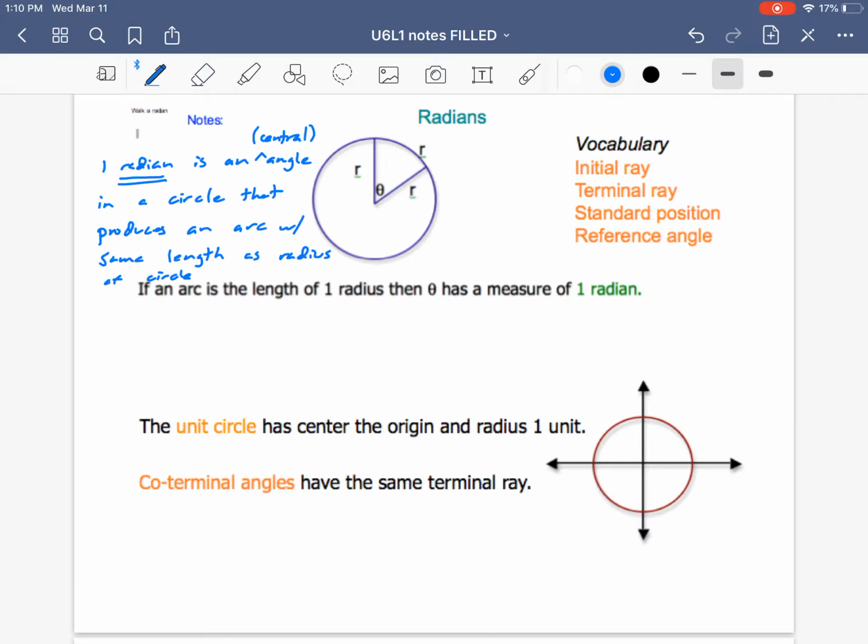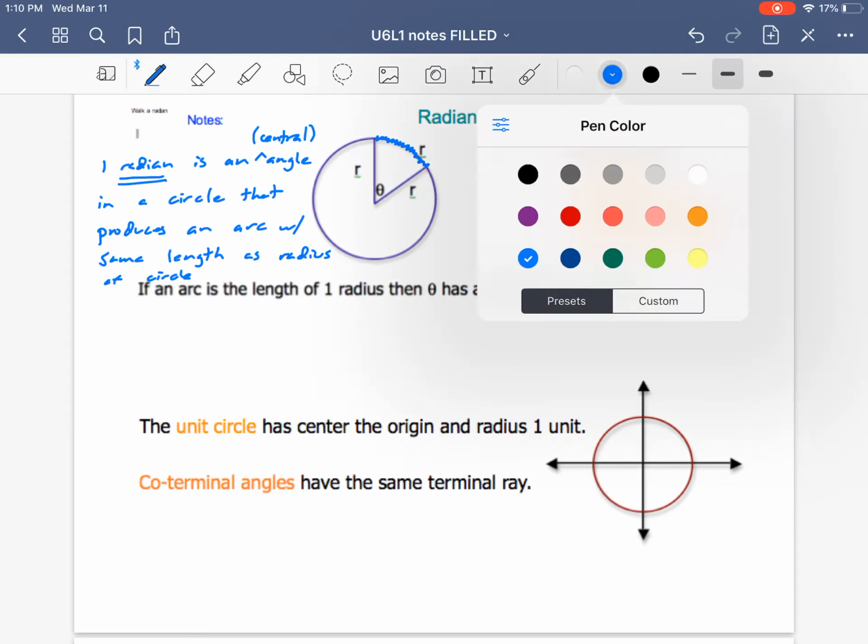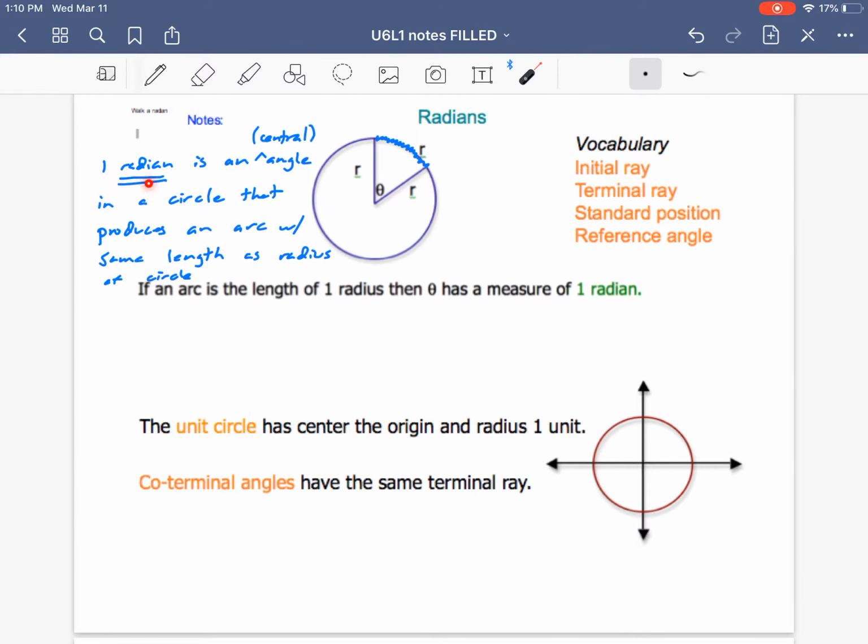Okay, and if you really want to compute it out, you could set up proportions. I'm not going to do that, but really nice and cool definition, right? What is 1 radian? It's an angle that produces an arc length with the same length as the radius of the circle.